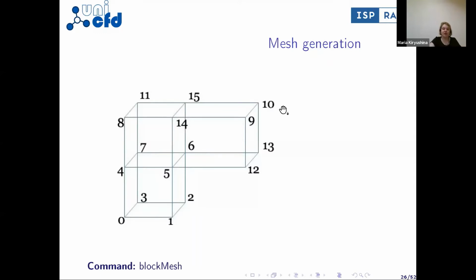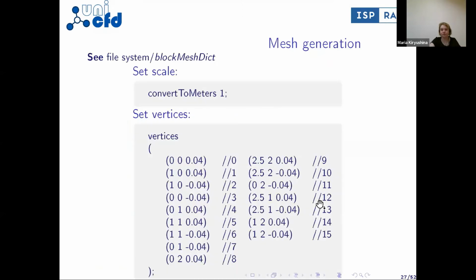To build the mesh, you can use the common blockMesh utility. To specify the computational domain in the folder system, in the dictionary blockMeshDict, you have to give the coordinates of the appropriate vertices.